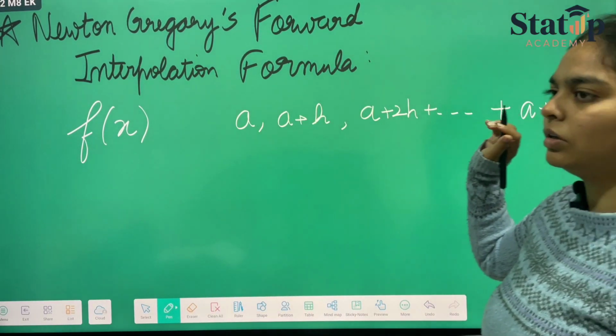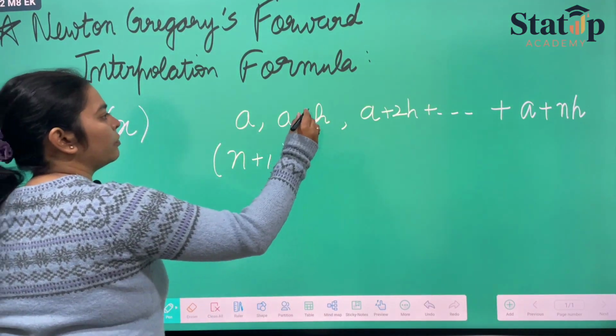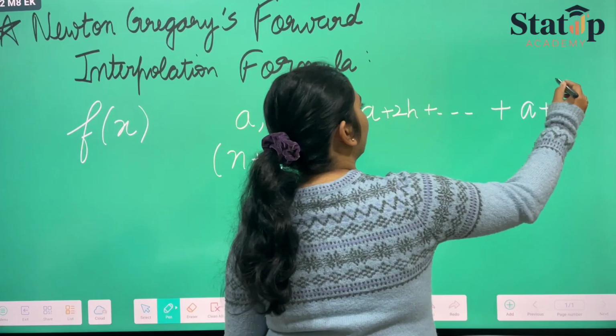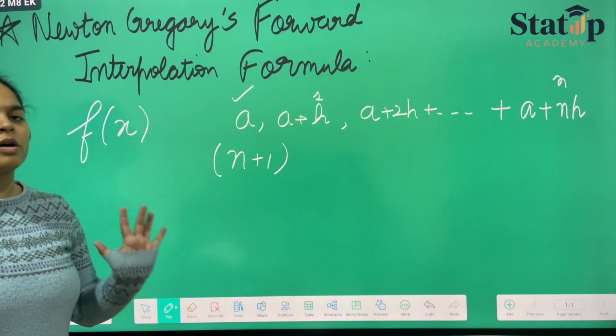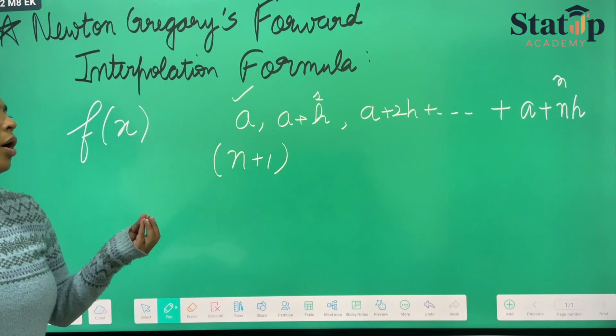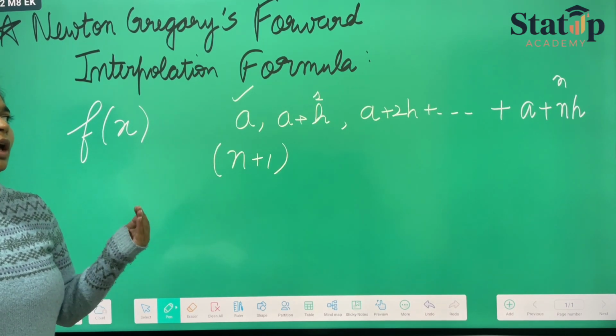The total number of terms is n plus 1, because from 1 to n it is n terms and the first one is plus 1. So let us have a series of n plus 1 terms: a, a plus h, a plus 2h.